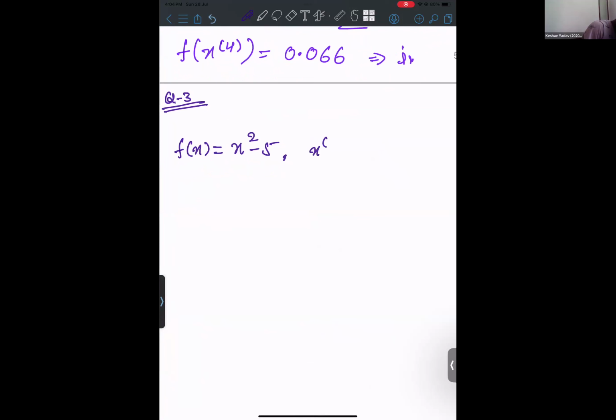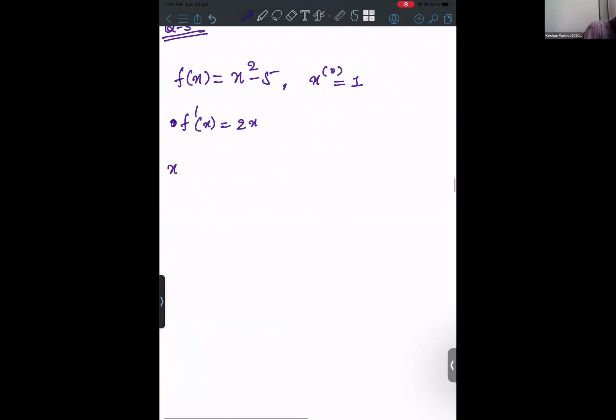And x at the 0th iteration was 1. So first we need to find f prime. f prime of x will be equal to 2x. So x at the first iteration will be x at the 0th iteration minus f of x at the 0th iteration divided by f prime of x at the 0th iteration.